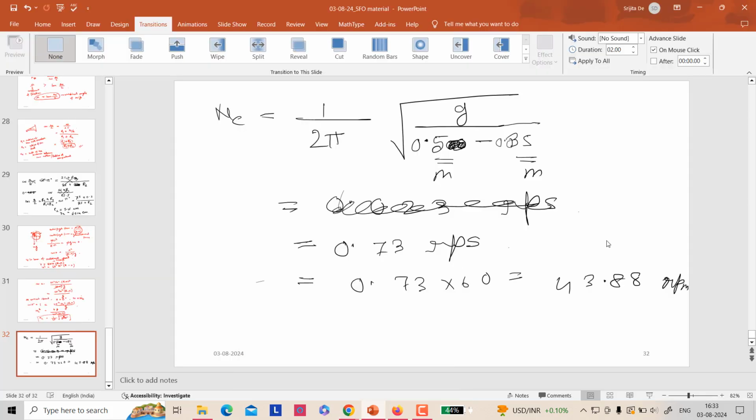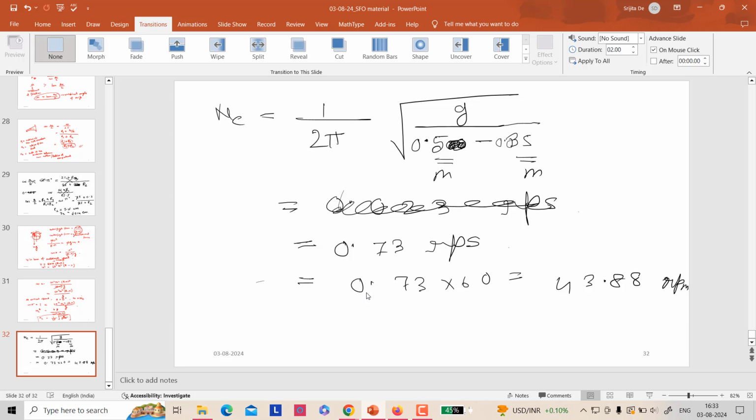Now, one thing you have noticed in the notes, sir has taught that the ball mill speed is 50 to 70% of the critical speed, right? It is not the actual ball mill speed.